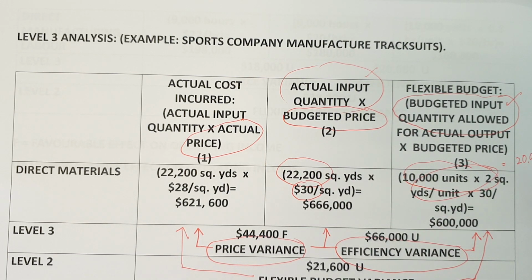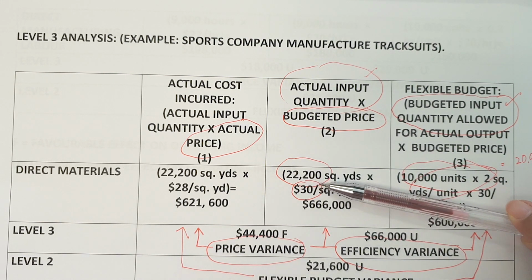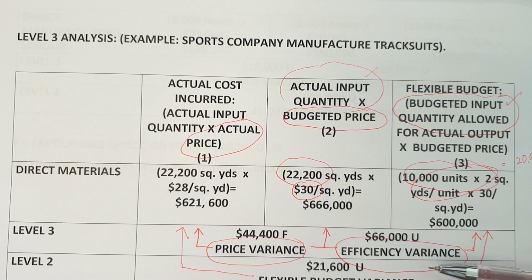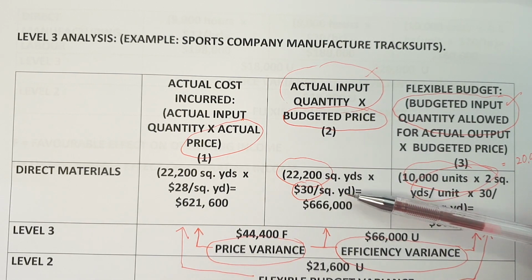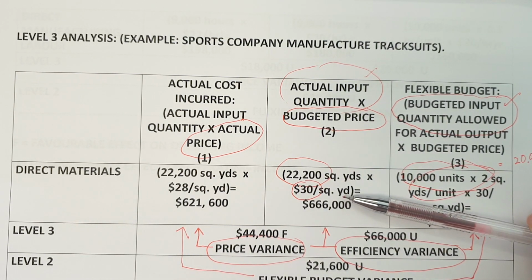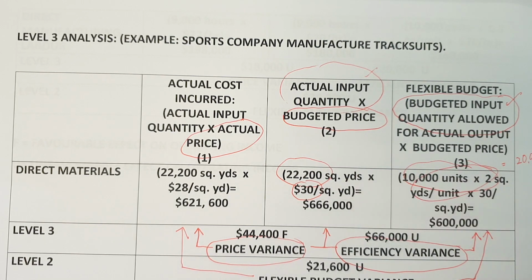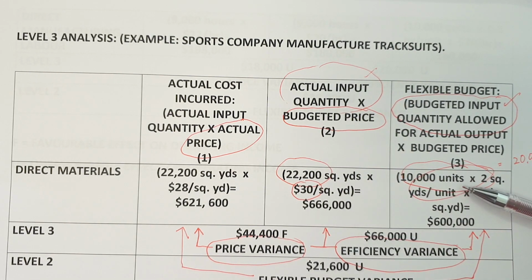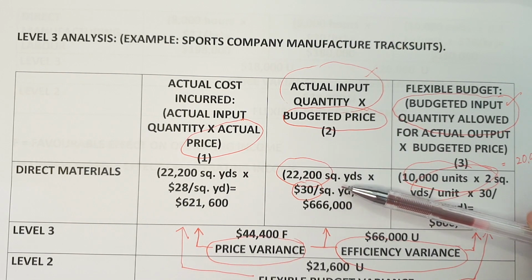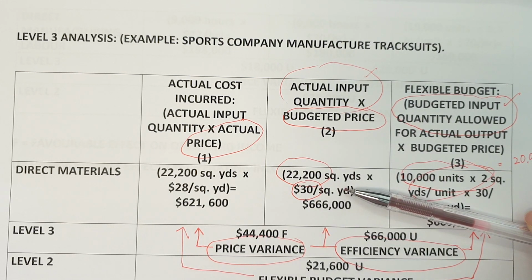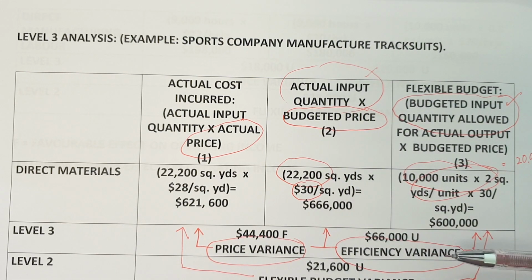We are just supposed to use 20,000, but in reality we use 22,200. So the cost that actually happened is higher than the budgeted, and this cost affects our operating income. That's why we get an efficiency variance of 66,000, an unfavorable situation.